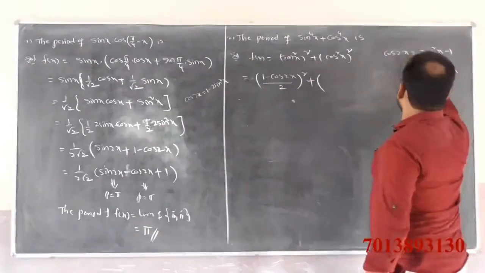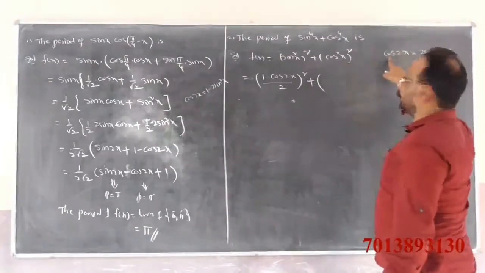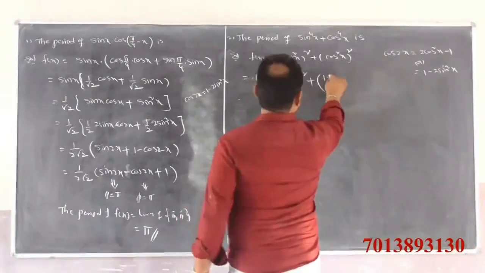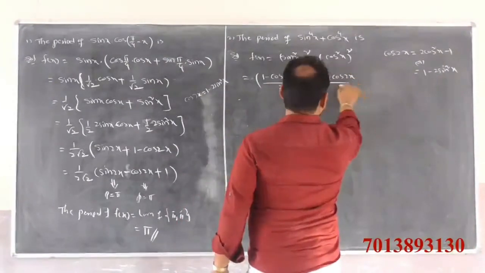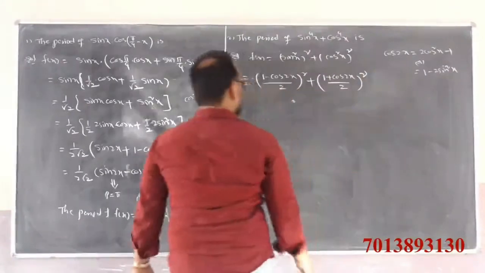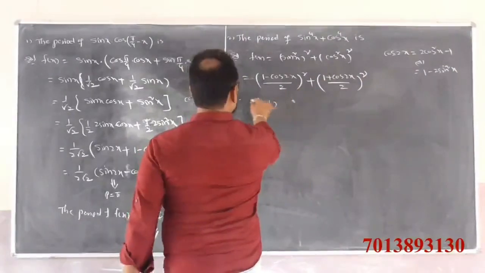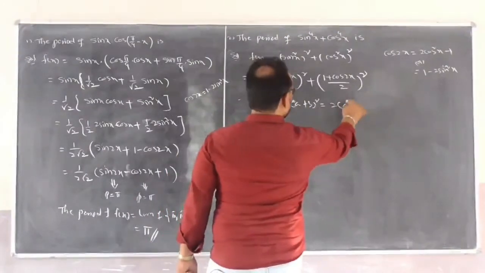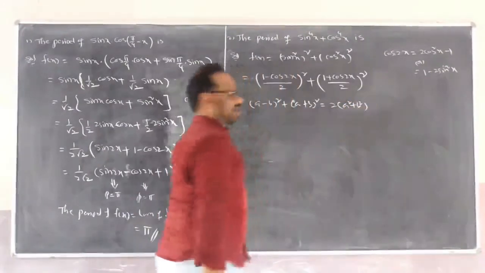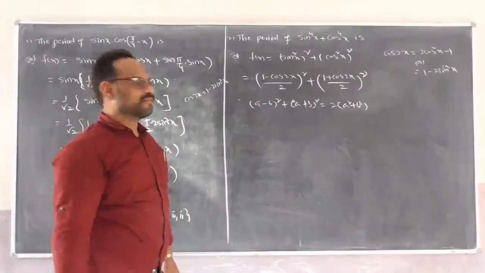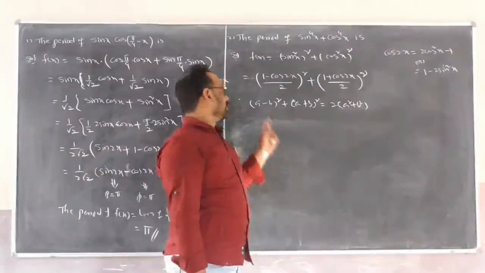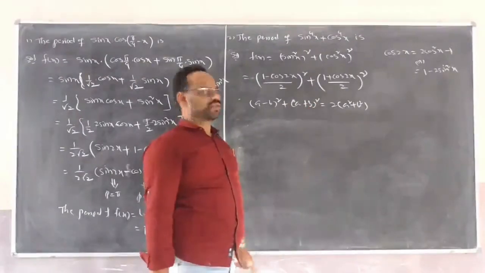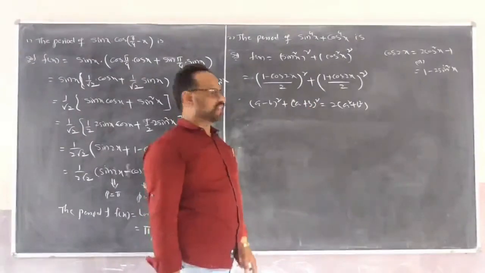By using cos 2x is equal to 2 cos square x minus 1, we want cos square x. Cos square x is equal to 1 plus cos 2x by 2, whole square. Already we know that a minus b whole square plus a plus b whole square is equal to 2 times a square plus b square.